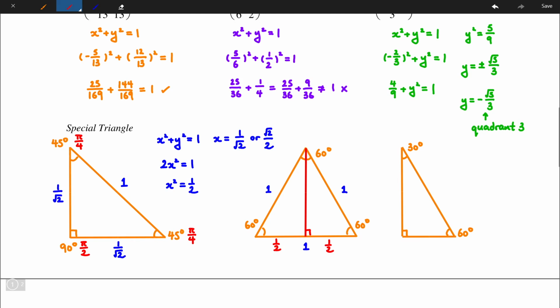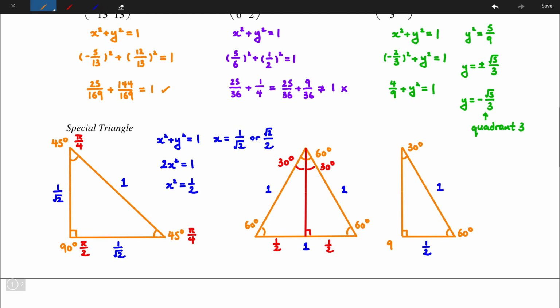And because the angle is cut in half, this is 30 degrees on each side. So really, the 30, 60, 90 triangle is half of the equilateral triangle. So we know that this is going to be 1. This is going to be 1/2.